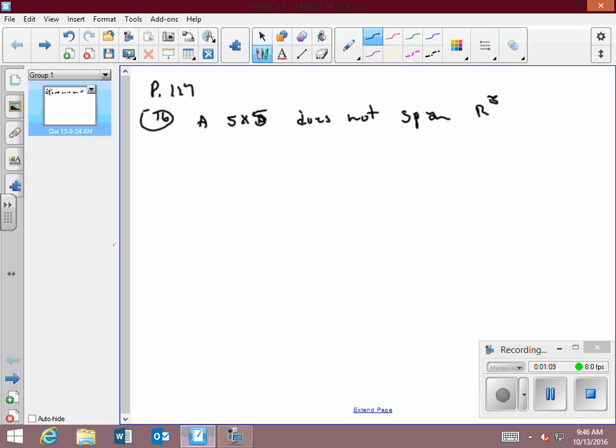Then if you look at theorem 8H, that particular theorem is negated.